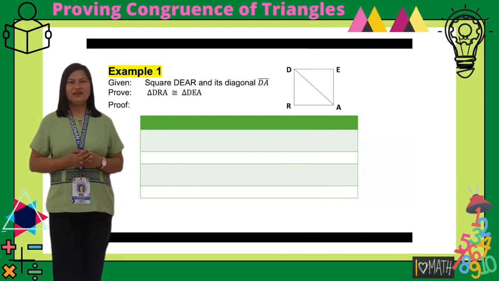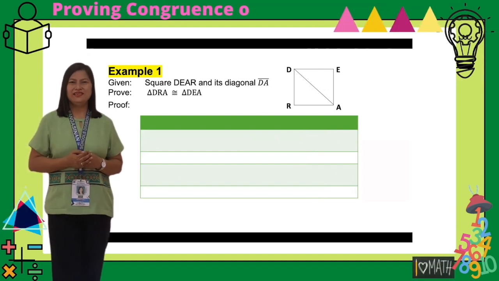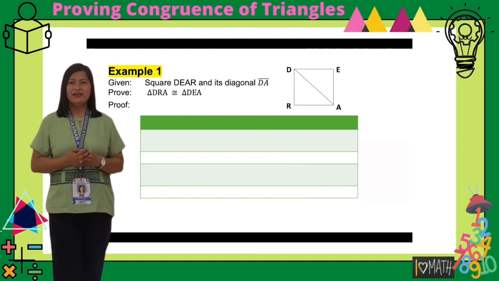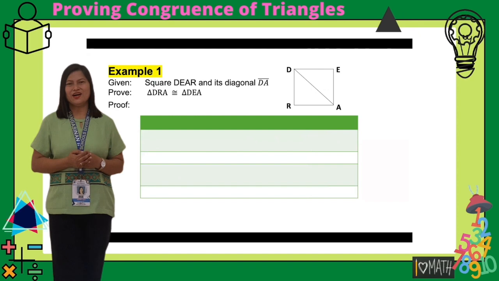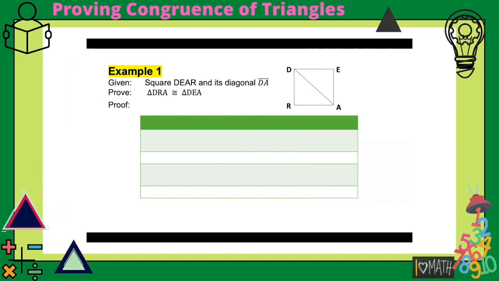Given a square DEAR and its diagonal DA. Prove triangle DRA is congruent to triangle DEA. Let's have the proof. We will use the two-column form in writing the proof.